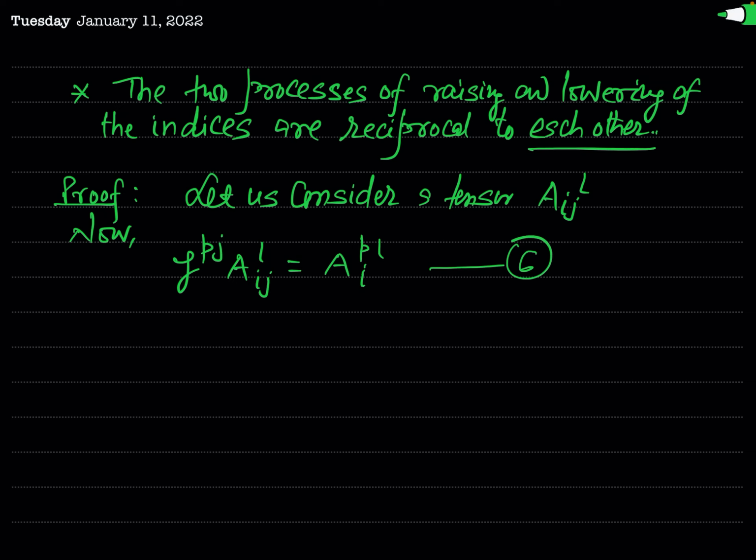So here actually we have raised the index j. Now we will take the lowering operation of the index p, and that can be performed by taking its inner product with the covariant fundamental tensor, let us say g sub mp.